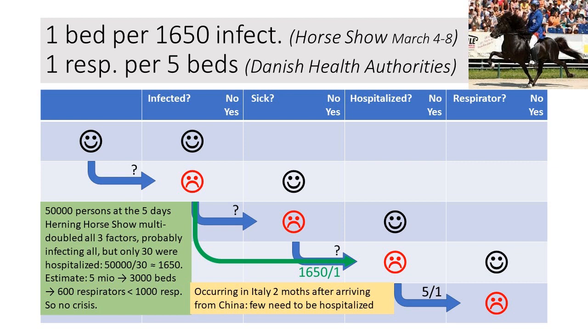Therefore, the message of the horse show is, no crisis. The same message comes from observing that the problems in Italy first occurred 2 months after the infection arrived from China.